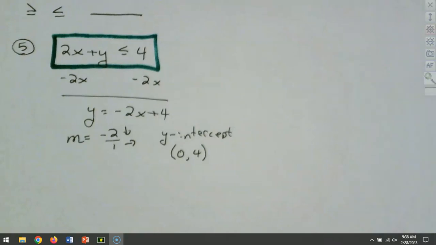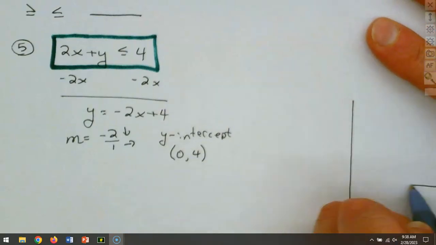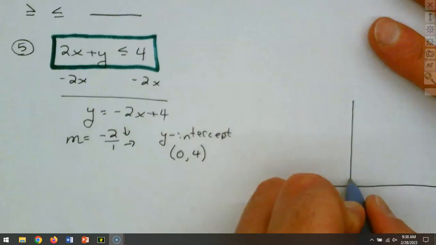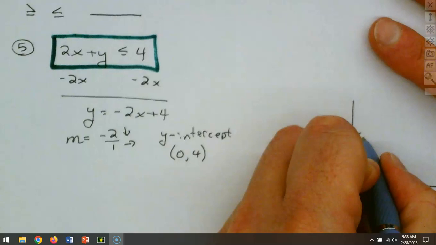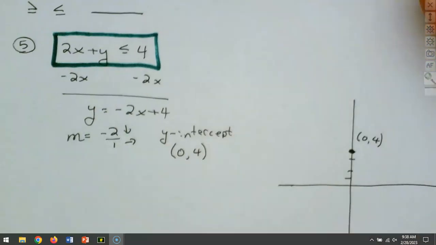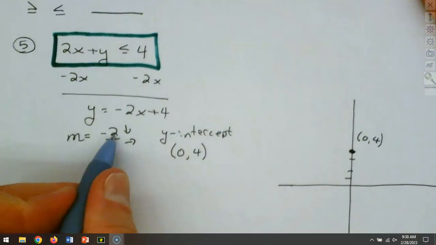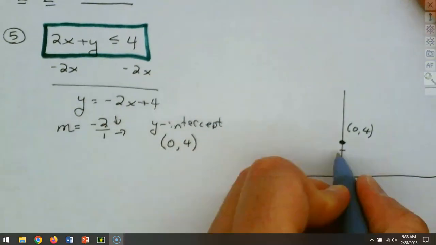Now, this one is less than or equal to, so it is going to get a solid line. And we're going to start at 0, 4. And 0, 4 is clear up here. So right there is where we start. And what is my slope? My slope is down 2, so down 2 units, and then over 1 unit.